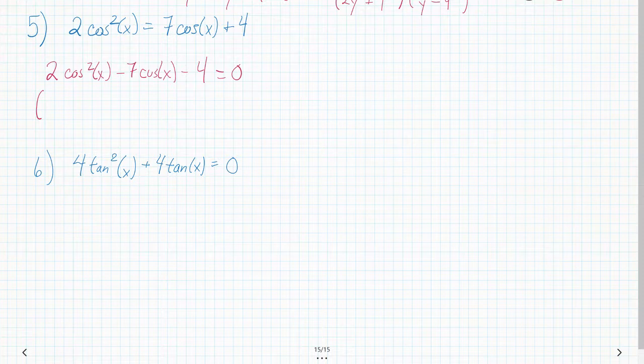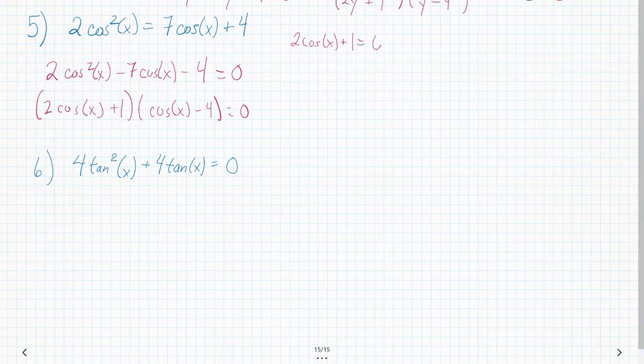So this means we have 2 cosine x plus 1 and a cosine x minus 4 equals 0. So in the first case, 2 cosine x plus 1 equals 0.